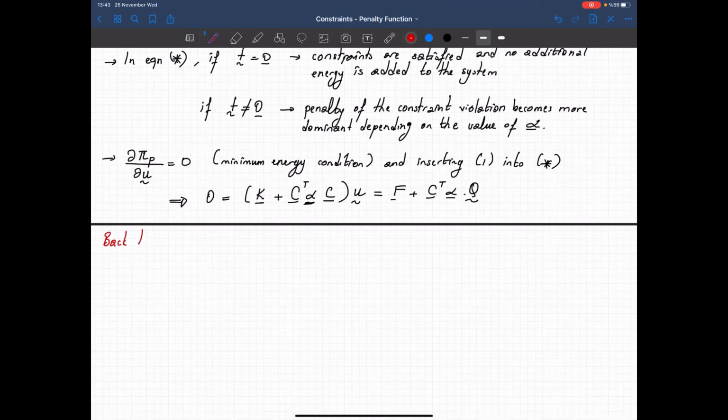Back to the example problem. Remember that my constraint equation is written as follows. C is equal to 0, 1, minus 1.